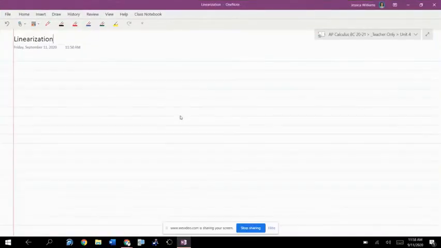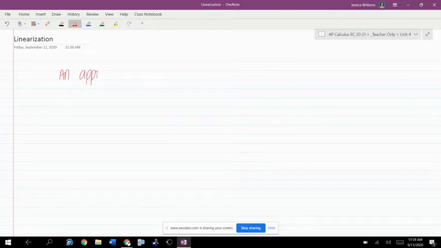All right, so now that you have seen again that different curves turn linear at points, we're going to do this thing called linearization. Linearization is an approximation technique.